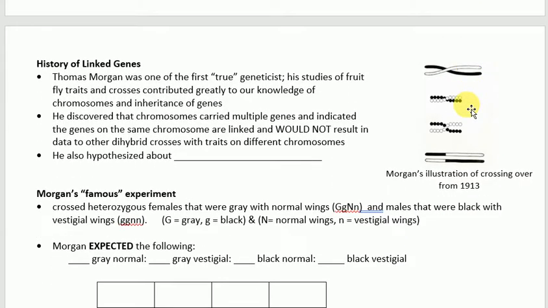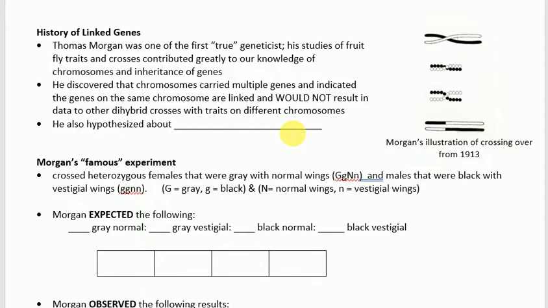So let's look at the history a little bit here of the linked genes. Thomas Morgan was one of the first true geneticists, and he studied fruit flies and their traits, and he crossed them. And he contributed greatly to our general knowledge of chromosomes as well as the inheritance of genes.